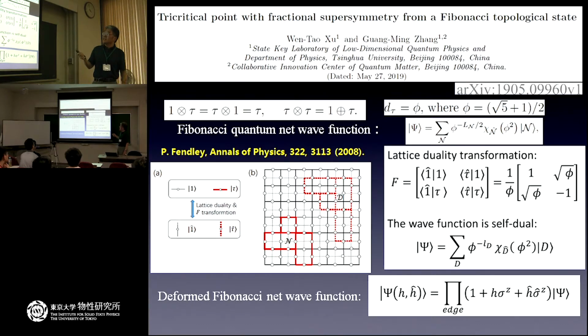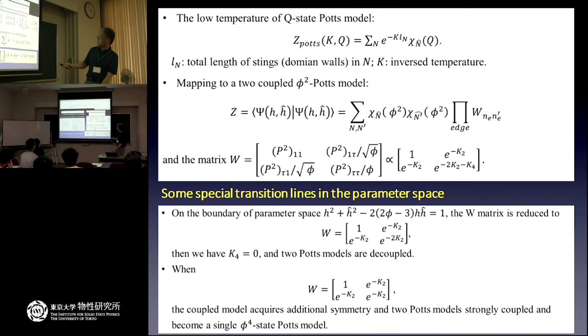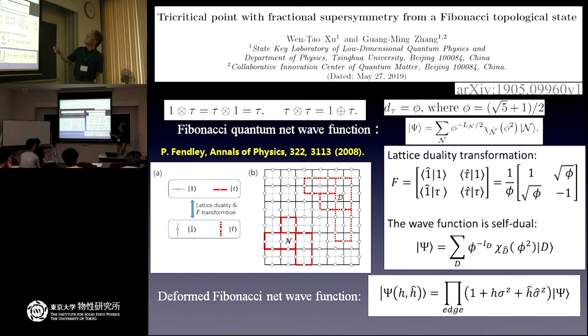As you know, this is a non-abelian topological phase, and we use the same spirit to develop the wave function approach to study the phase transition out of the Fibonacci topological order phase.